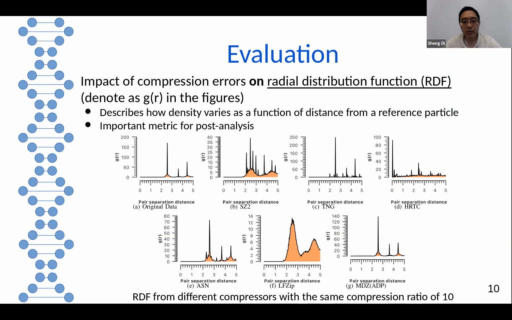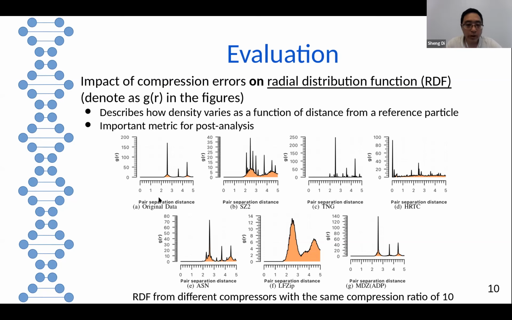This slide demonstrates the evaluation results. We use the radial distribution function (RDF) to evaluate the results, and this is a very important metric cared about by molecular dynamics researchers.